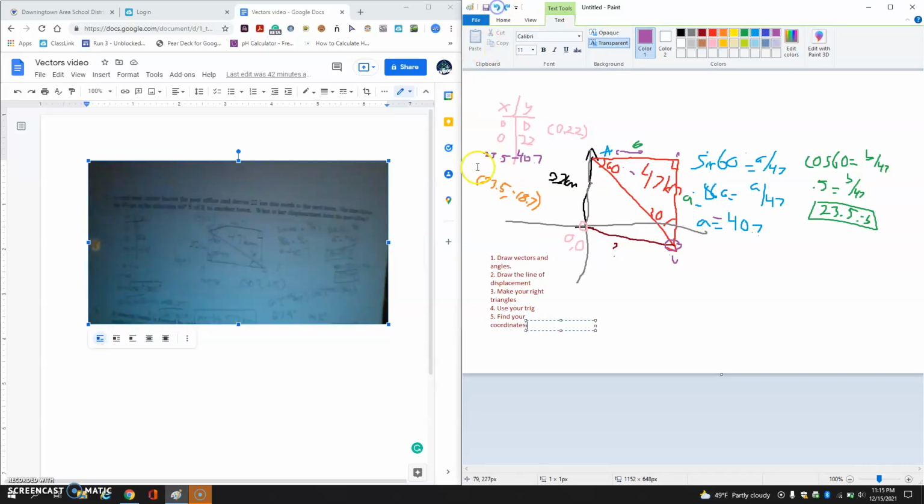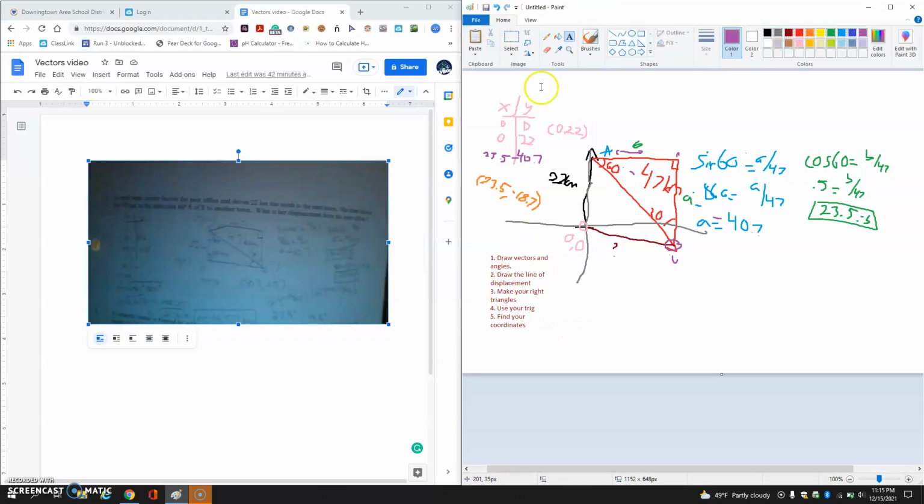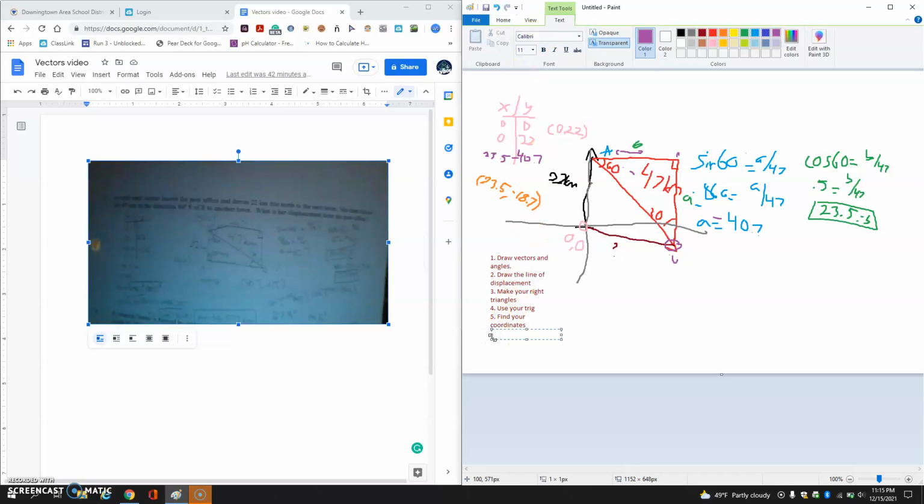Are we done? No. Of course we're not done. Come on, that would be silly if we were done. How are we going to be done? Well, we need more steps. Step 6, I would say, is add or subtract coordinates.